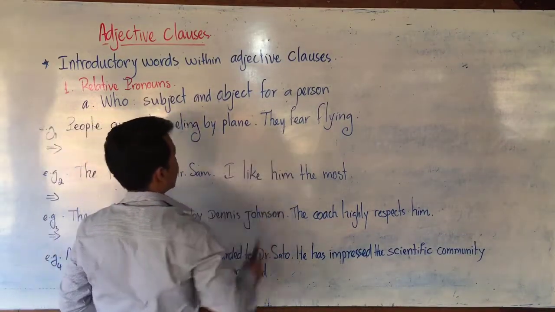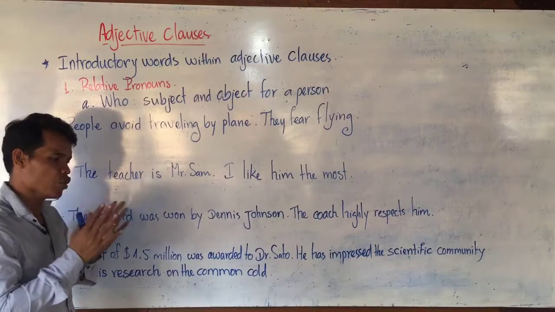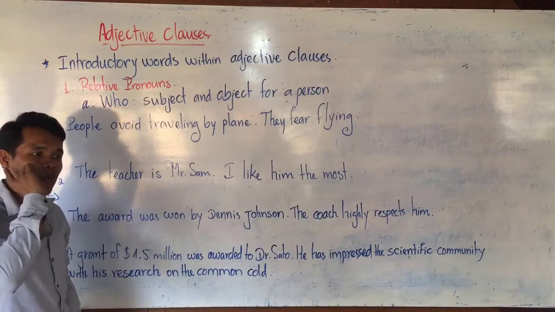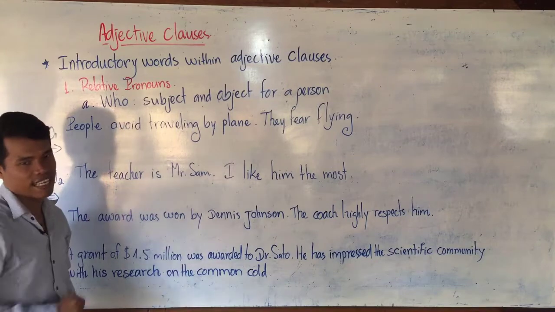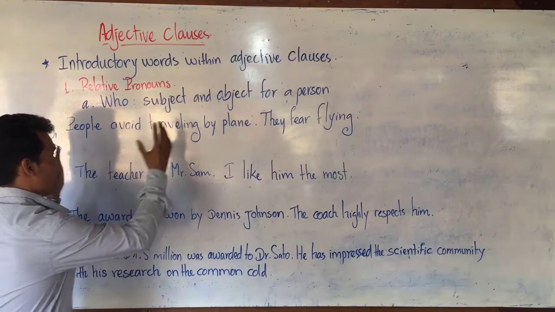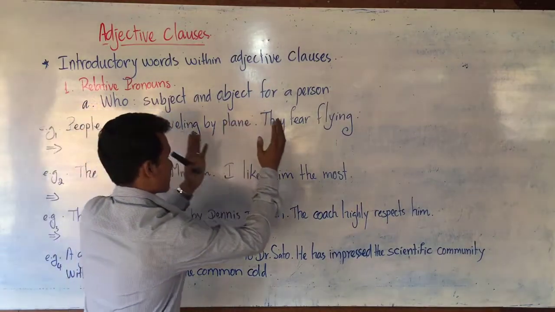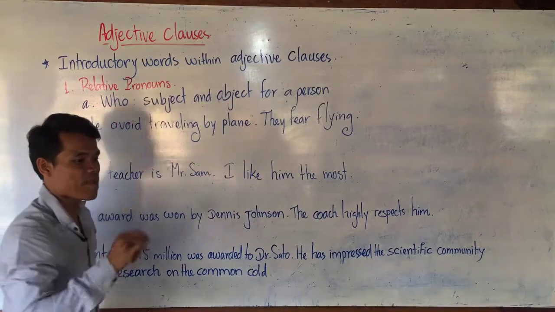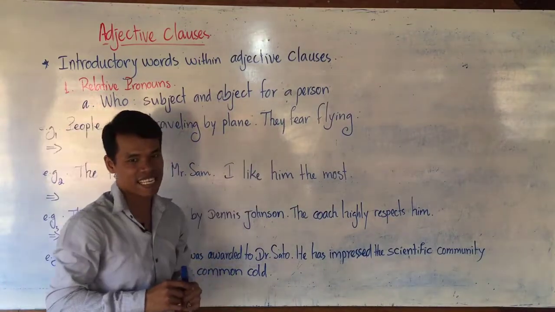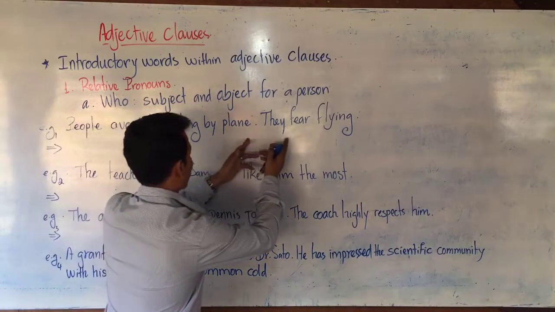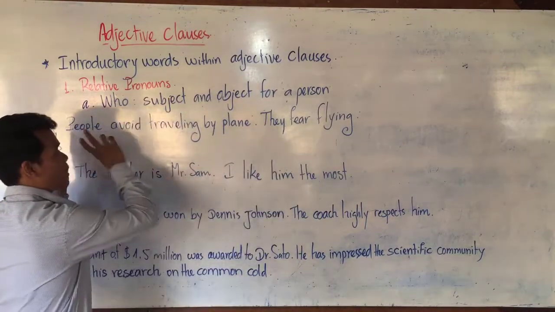They fear flying. In order to make an adjective clause, first you have to think of the antecedent noun or head noun. The question is, which word in the first sentence is the same as a word in the second sentence? People, they.